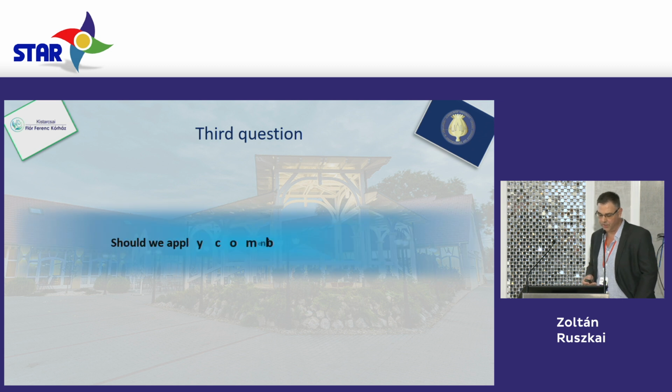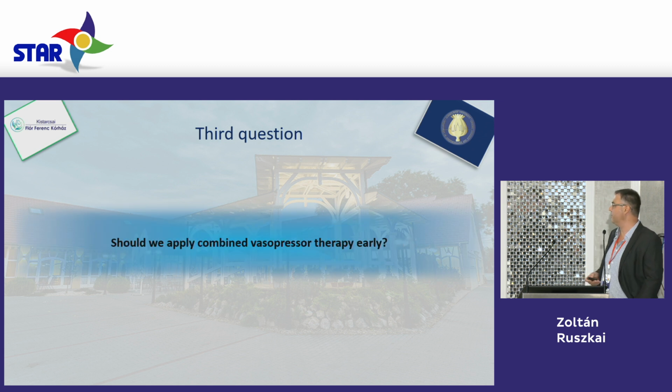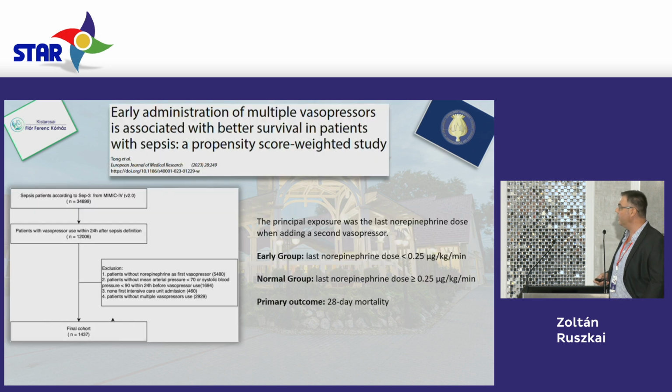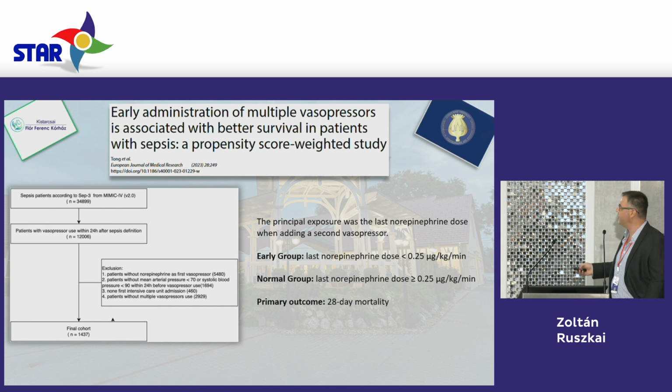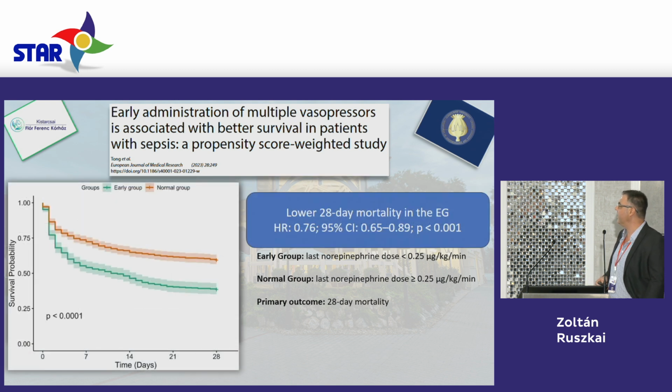The third question, should we apply combined vasopressor therapy early? In this experiment, the principal exposure was the last norepinephrine dose when adding a second vasopressor. These were the cutoff parameters, and the primary outcome was mortality.